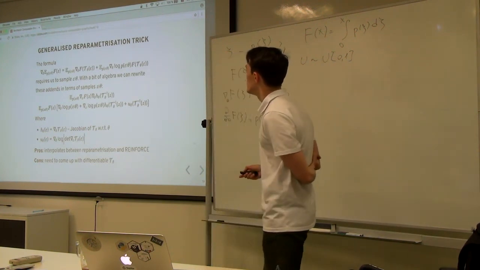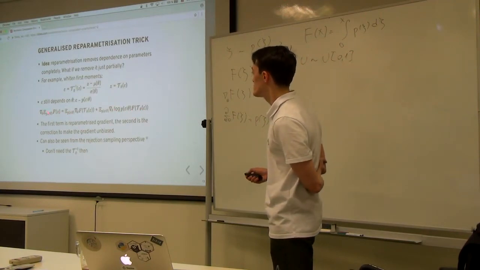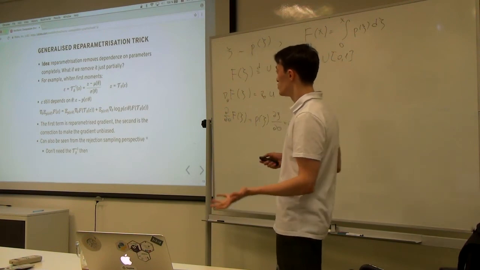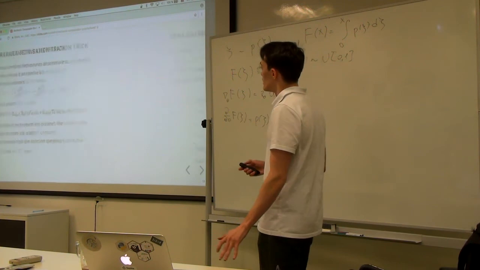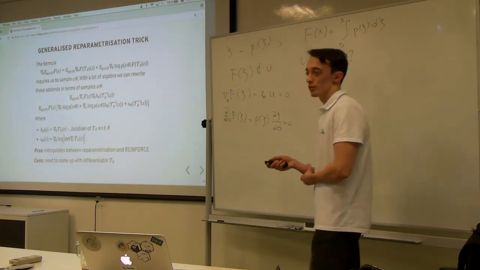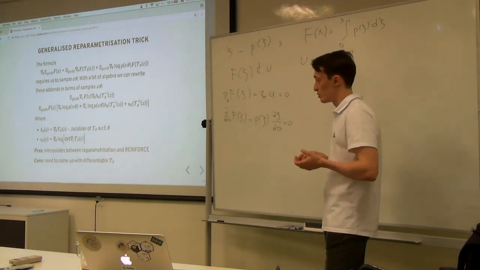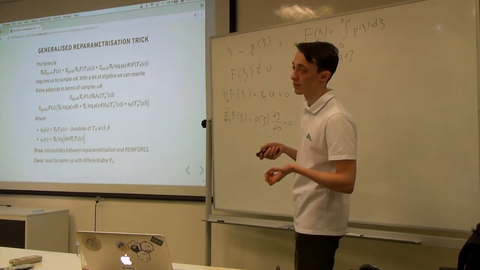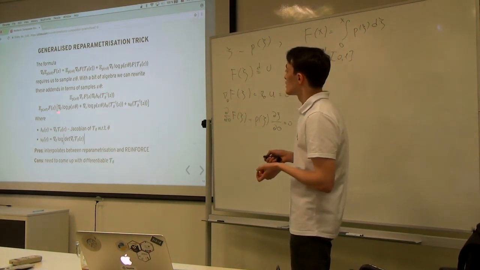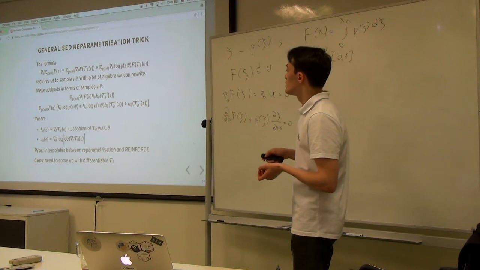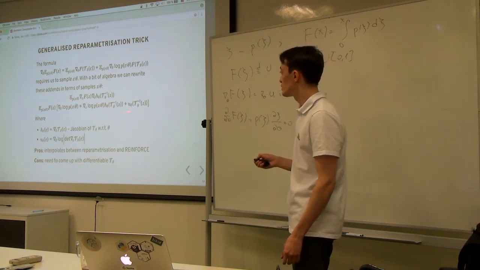So if you rewrite this formula and get rid of the epsilons, because maybe you don't want to sample them, and you want to see what the formula for the gradient looks like in terms of your real random variables Z, then it looks like this. And again, this can be seen as a combination of the reparameterized gradient and the score function gradient.